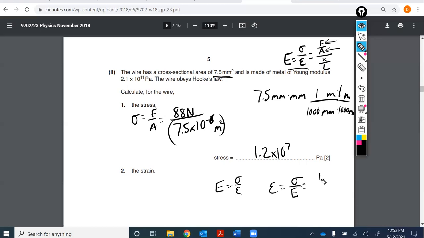We just calculated the stress to be that, and the Young modulus is given as that. So we've got our 1.2 by 10 to the 7. It's actually 1.173 repeating, so I still have that on my calculator. I just rounded it to report it to 2 significant digits, but I've got the full value in my calculator. I'm going to divide it by, open parentheses, 2.1 times 10 to the 11th, which gives a strain of 5.6 by 10 to the negative 9.